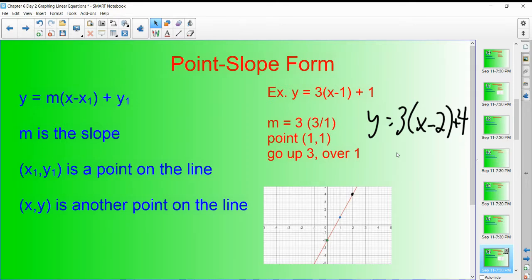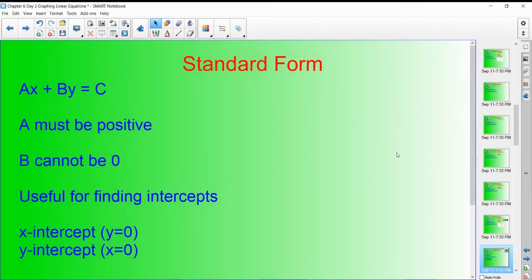All of them are equivalent. Each equation is fine. If I don't tell you which form to put it in, if I say write me the equation of a line, you could do it in point slope form, or you could do it in slope intercept form, or if you're daring enough, we're going to learn about standard form.